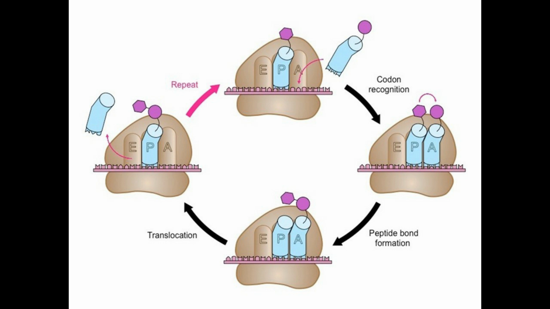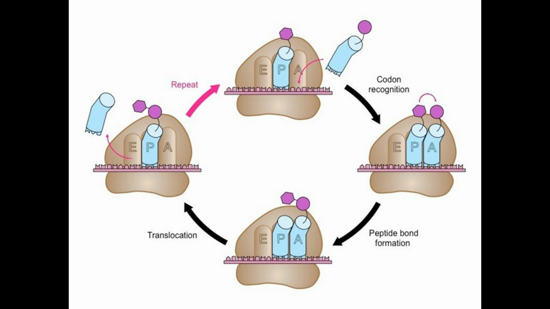This is called transpeptidation. This peptide bonding is complete. This is mediated by the enzyme peptidyl transferase or peptide synthetase. Now, the tRNA on the P site has no amino acid attached to it. The amino acid has been transferred to the tRNA which is on the A site.